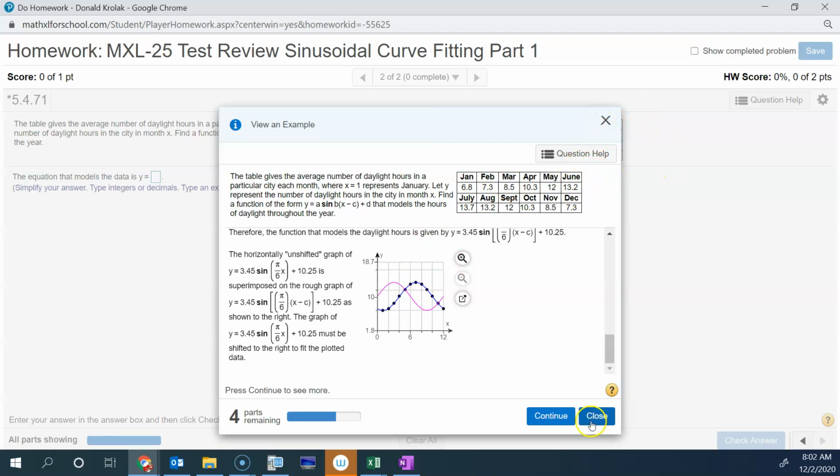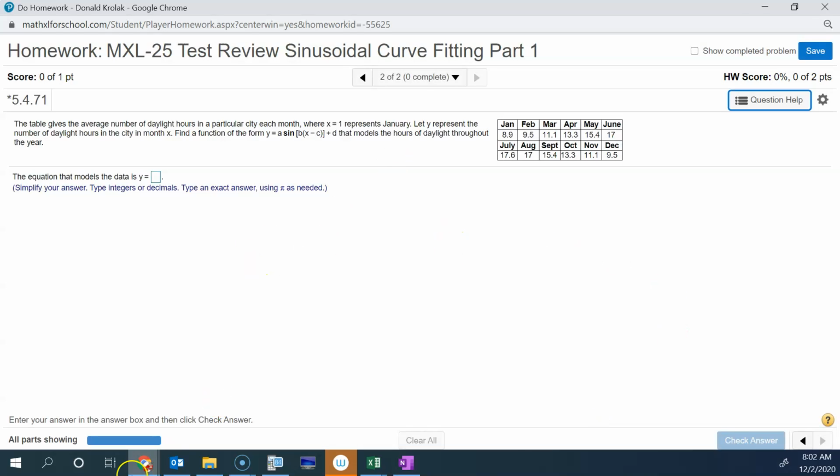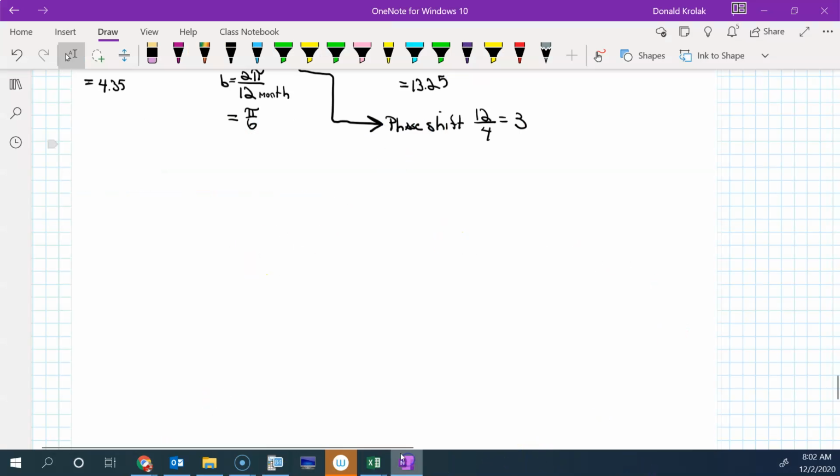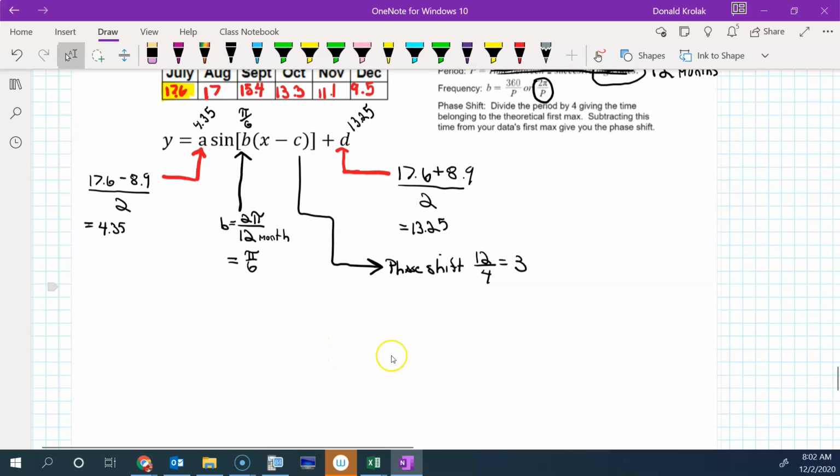The way that we do that is this right here. This means at month 3, we should have a max, if we just did an unshifted sine graph.